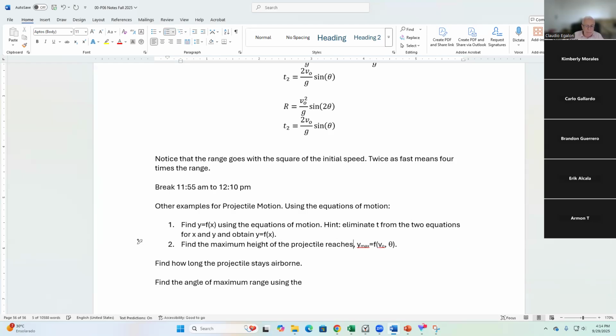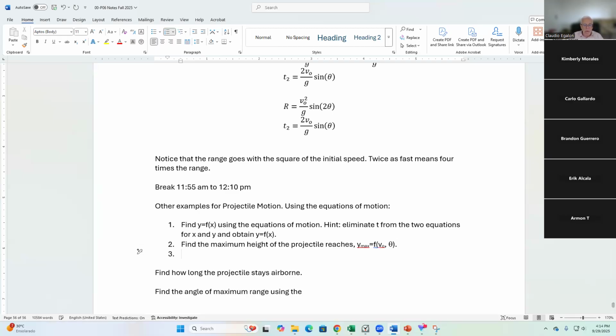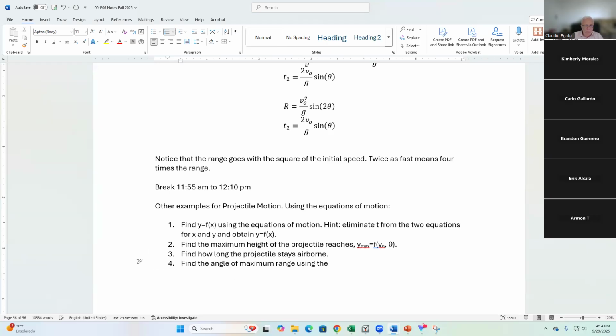Find how long the projectile stays airborne. What else? Find the angle of maximum range, and so on. Those are all possible problems that you can face in the exam or in the problems that you solve online.